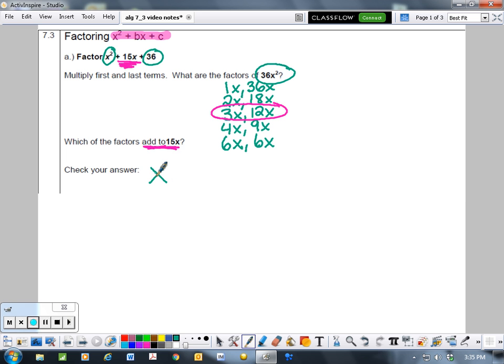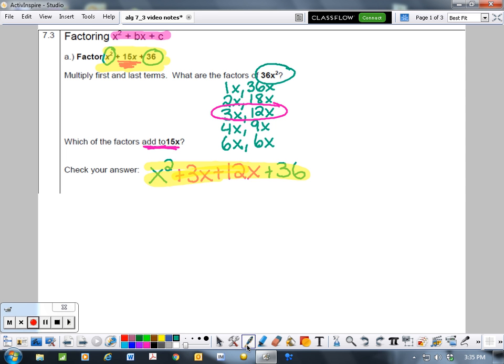So it is x squared, and then instead of this 15x, I'm going to write these two numbers right here: 3x and 12x, and then plus 36. So all I did is rewrite the original expression where instead of the 15, I now have 3 plus 12.